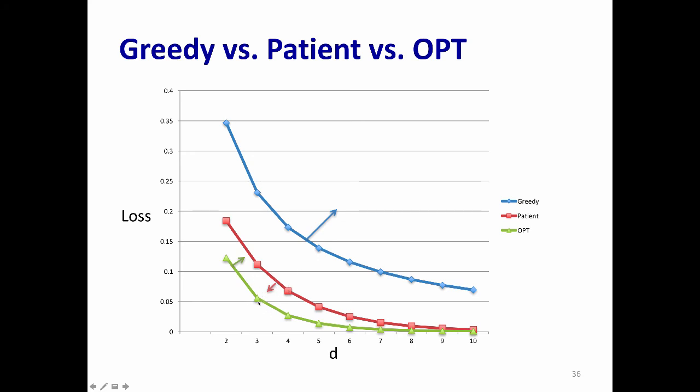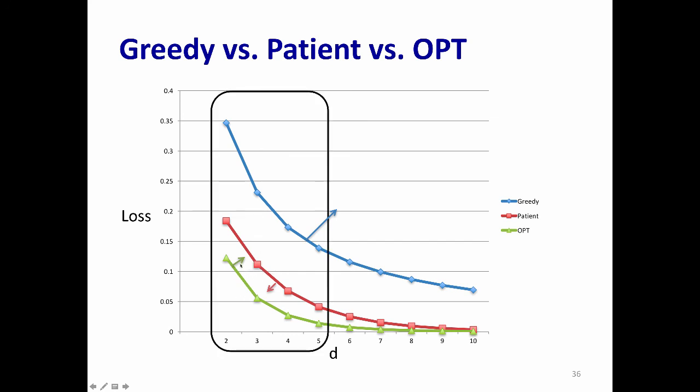And the green curve is the lower bound on the best possible thing you can do. As you can see, this green curve and this red curve are a little bit distant from each other when d is small, and that's because the red curve is actually making lots of mistakes.